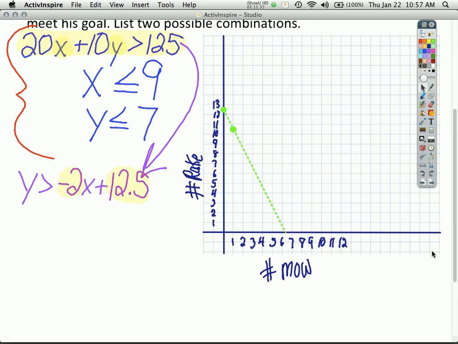And then we need to shade. Did you shade already? Shade lightly. Shade very, very light.